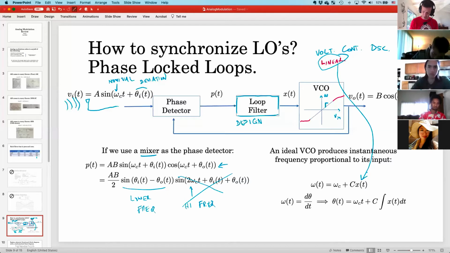Okay, so then the net angle of V naught is going to be expressible like this, right? As proportional to the integral of the input to the VCO.